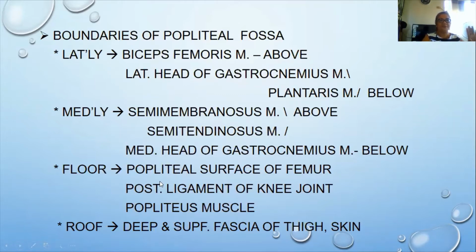But you have to remember that the cadaver will be in a pronated position so that the popliteal surface of the femur will be seen first. Then above that will be the posterior ligament of the knee joint, and the muscle uncovering these two structures will be your popliteus muscle.